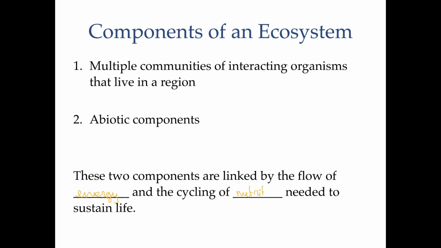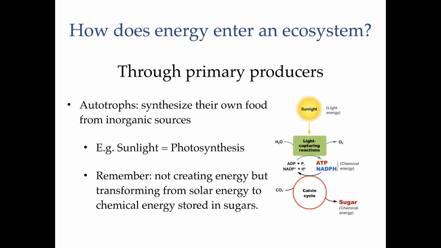So energy and nutrients are what is going to be moving between the biotic and the abiotic components of an ecosystem, and it's going to link those two things and make the ecosystem complete. In this course, what we are interested in understanding is the flow of energy. We are not going to be discussing the cycling of nutrients, but we know that that's also part of the ecosystem, and it's one of the things that link both abiotic and biotic components together.